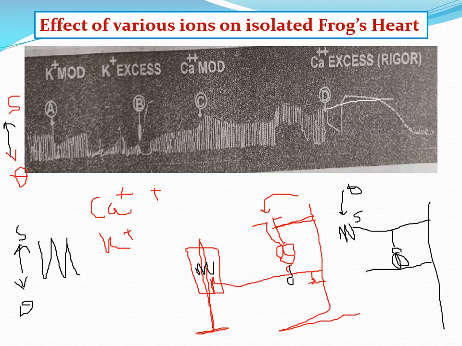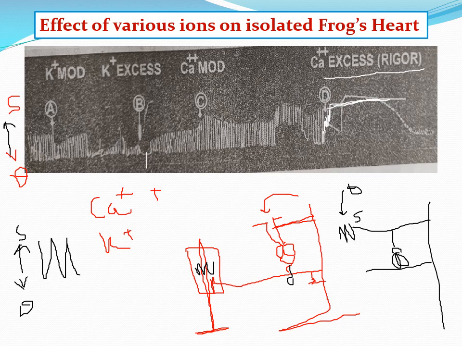Slowly it comes up and up and up, and then the heart stops in systole. So effect of excess potassium, heart stops in diastole, and effect of excess calcium, heart stops in systole. And when the heart stops in systole, it's called calcium rigor.